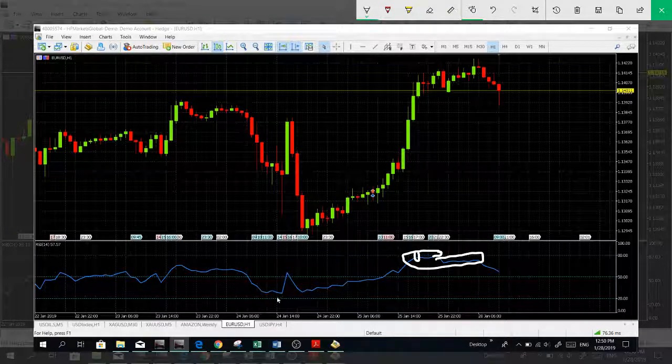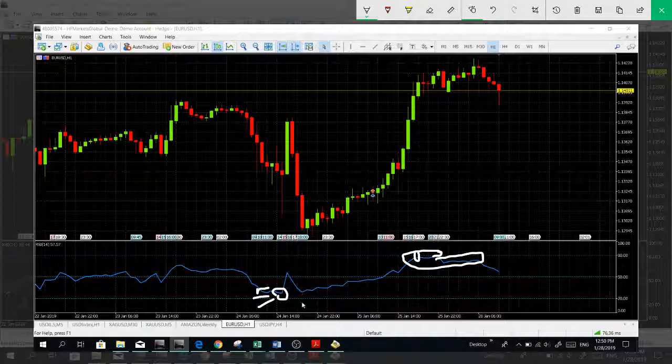Same here, when we can find the buy signal: it came close to the 20 line the first time and stayed close, then went up.